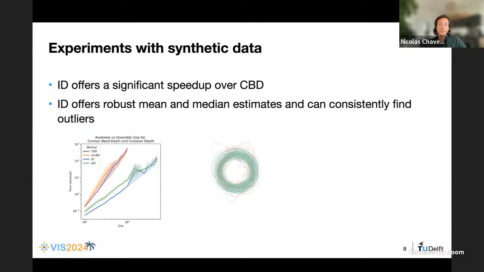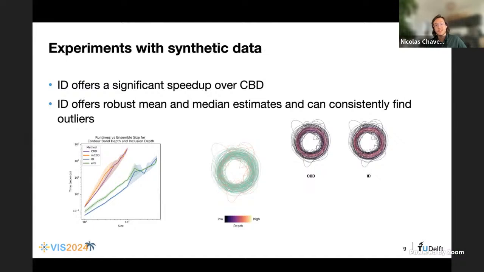We computed for all of these different variations the depths using inclusion depth and contour band depth. What we observed is that both in the strict versions and in the epsilon/modified versions, the behavior of the depths was similar. We further validate this by computing derived quantities like the robust mean and the median, which also match accordingly.